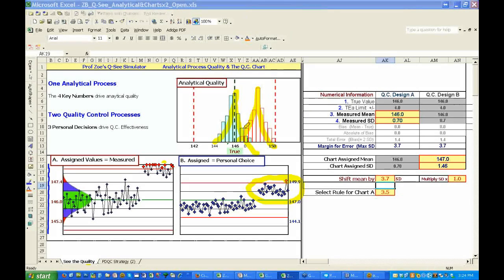When this population changes to become this population, this population has a different mean, a different standard deviation. So this is the new population here, and the old population will have no results outside 3 SD. So anything that's outside 3.5 SD, you know is for sure part of this population.